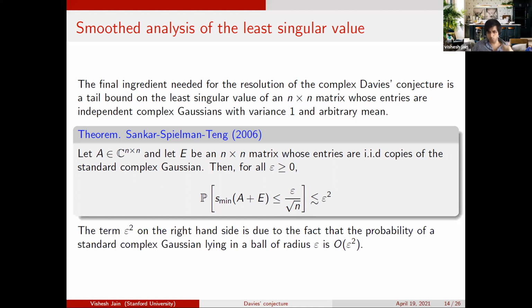One thing I want to emphasize is that this result is really a complex result. It is not true for real matrices, and the epsilon squared on the right hand side comes from the fact that the probability that a complex Gaussian lies in a ball of radius epsilon is order epsilon squared. For a real Gaussian, this would be epsilon, and this is going to mess everything up. So this is going to be the issue.